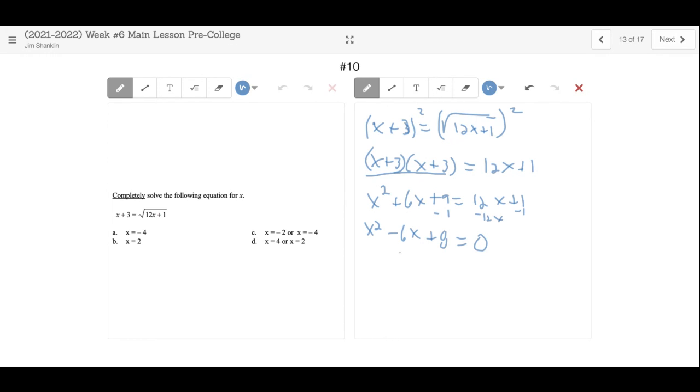Now I'm going to factor it. It looks like negative 4 times negative 2 is equal to positive 8, and negative 4 plus negative 2 is negative 6. So I have x minus 4, x minus 2 here. So my solutions are x equals 4, x equals 2. So letter D should be the correct answer.